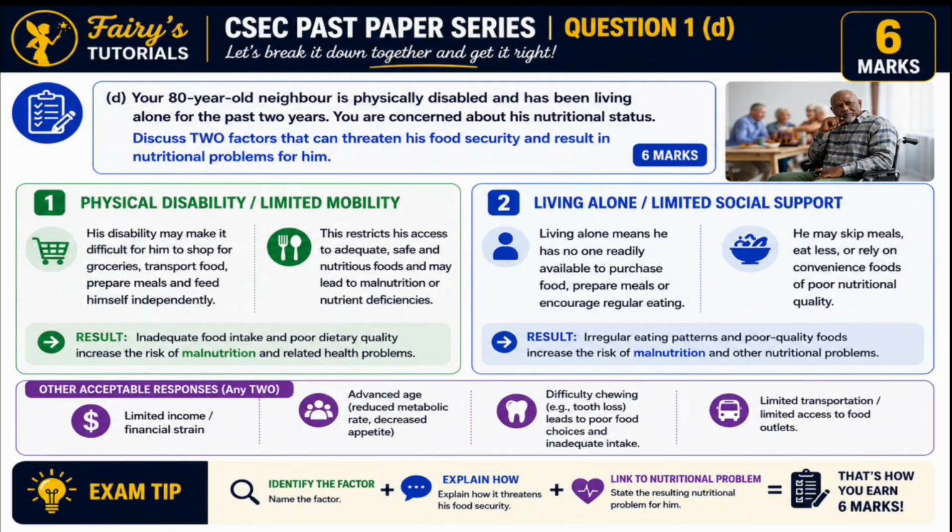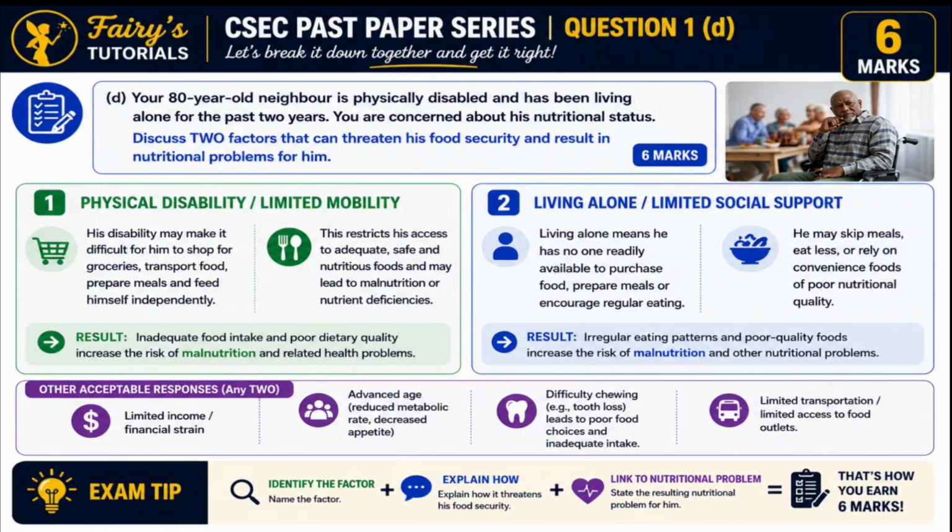All right, let us look at the next response. So living alone equals what? Limited social support. Good. So living alone means he has no one readily available to purchase food, prepare his meals, or encourage him to eat regularly. Good. He may skip meals, eat less, or rely on convenience foods of poor nutritional quality. Now, what does this result in?